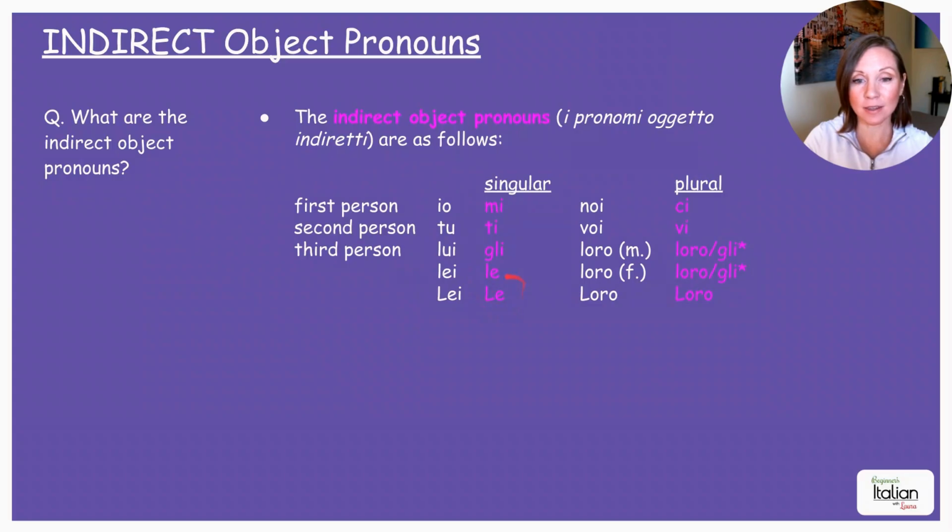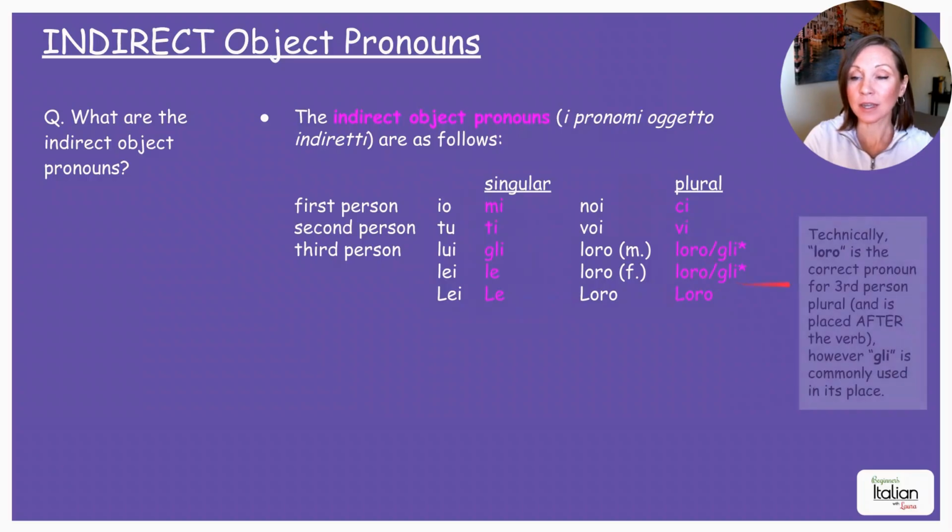One's capitalized. And then over here on the plural side, we have ci, vi, and loro or gli. Okay, I'm showing you both of these, loro and gli. However, technically, loro is the correct pronoun for the third person plural and is placed after the verb. Okay, all these other ones are placed before the verb, but loro comes after the verb. However, gli is commonly used in its place.